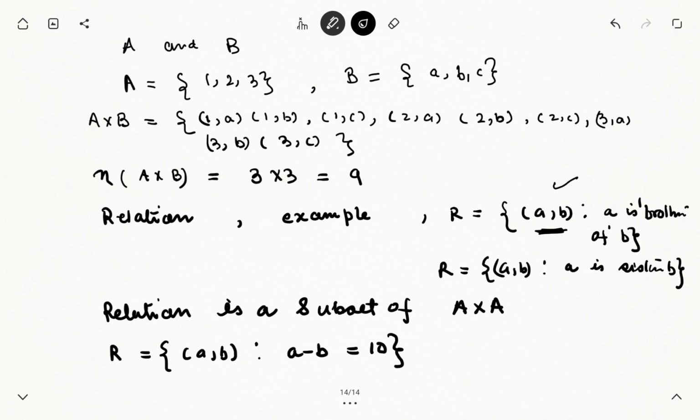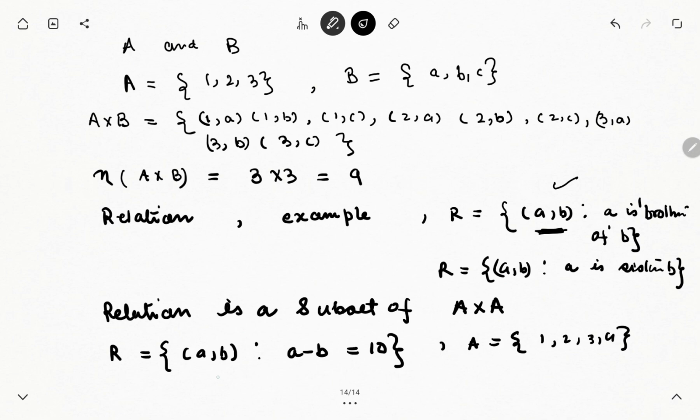Now see, this is how R is defined. Now if we are considering elements of A as 1, 2, 3, 4, you will see that no two elements of this set are satisfying this relation.